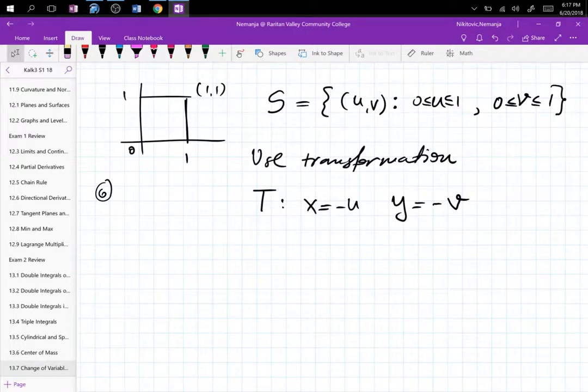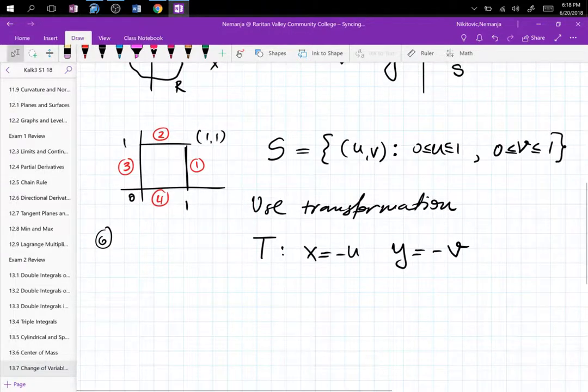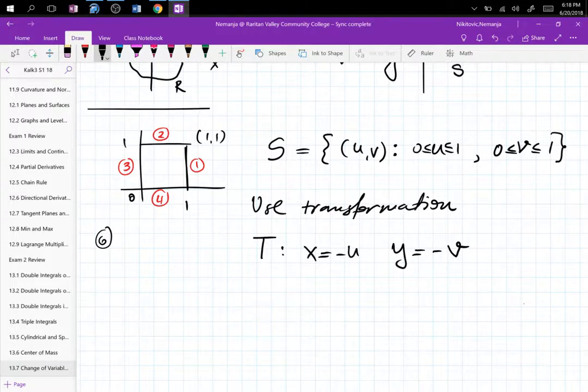What I'm going to do is break my square up into 4 lines, label them as 1, 2, 3, and 4. And I'm going to work on each one of those regions one at a time.